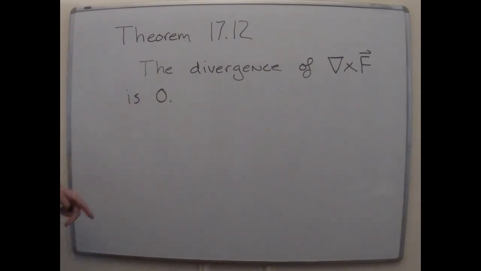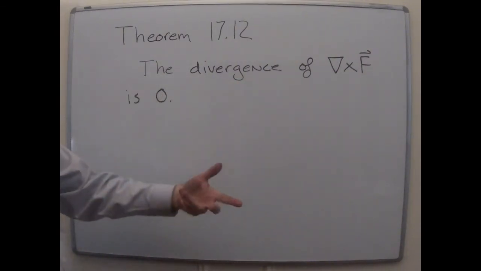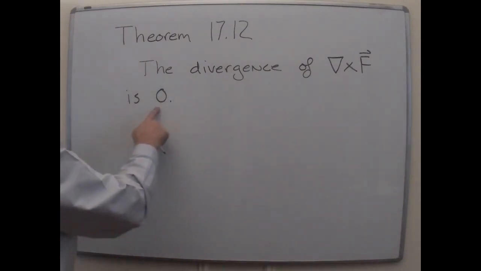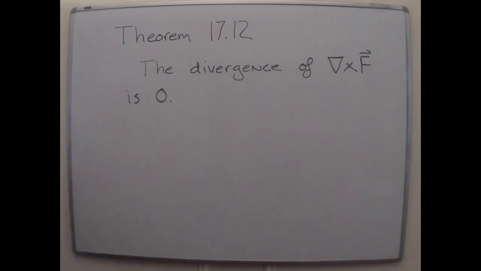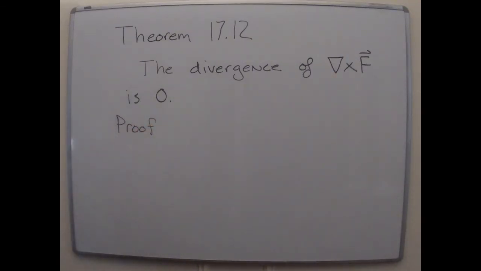Now, last time I wrote down 0, and then I said, well, actually, that's not really 0, but this one really is 0, because when we take the divergence, it's del dotted with a vector. Dot products become scalars. So that's a scalar 0, not a vector 0, like in the last theorem. And the proof of this is actually going to come down to Clairaut's theorem too.